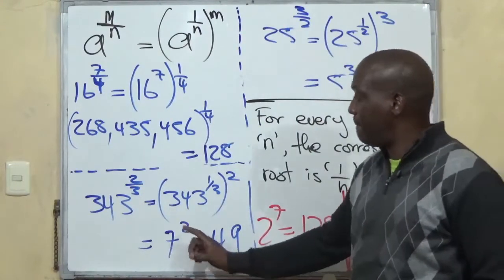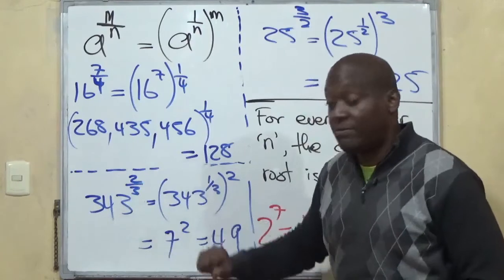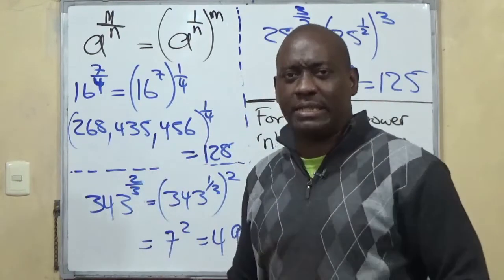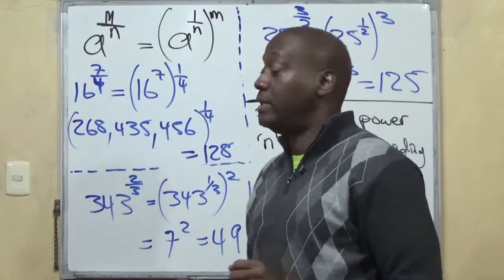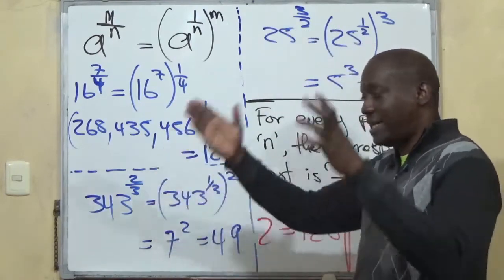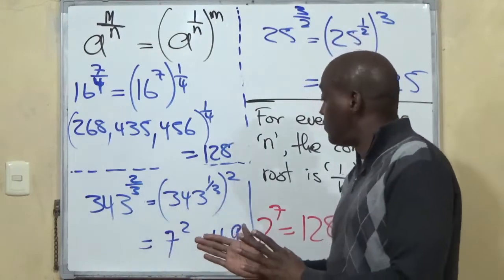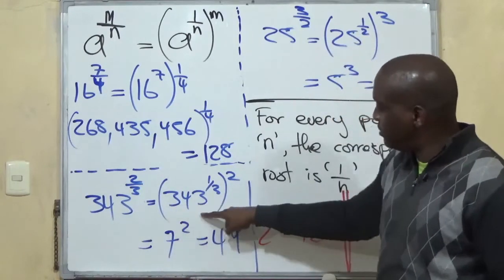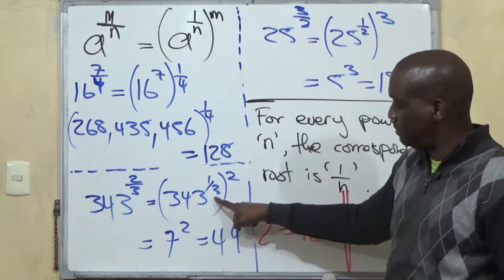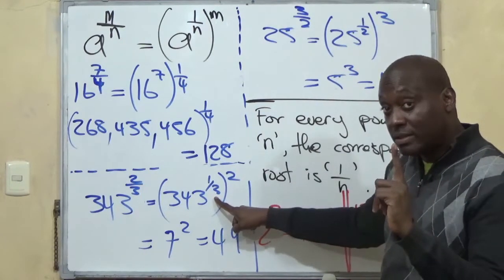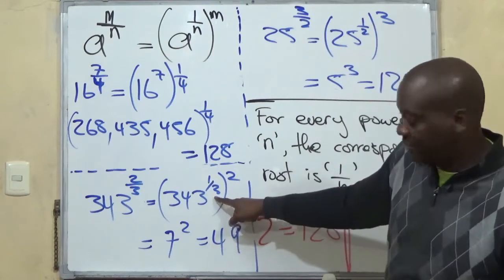Same story here. 343 to the power of 2 over 3. We take the root inside the bracket. We know that 2 over 3 is the same thing as 1 over 3 by 2. So we say 343 to the power of 1/3. 7 cubed is 343.